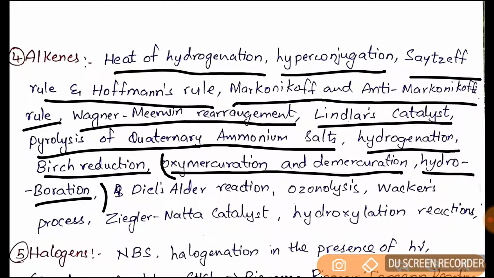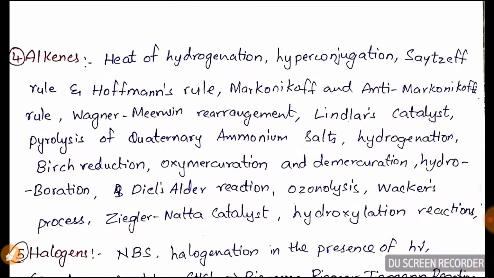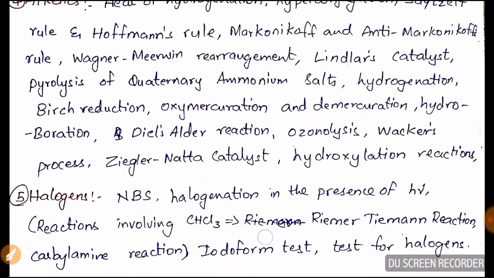You can expect a definite question from this area. And then comes Diels-Alder reactions and ozonolysis, Wacker's process, Ziegler-Natta catalyst, hydroxylation reactions with the help of potassium permanganate and osmium tetroxide.